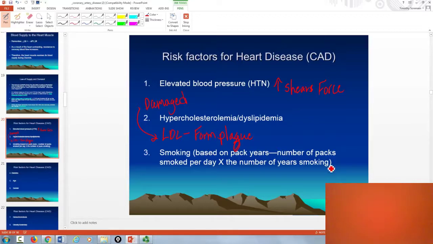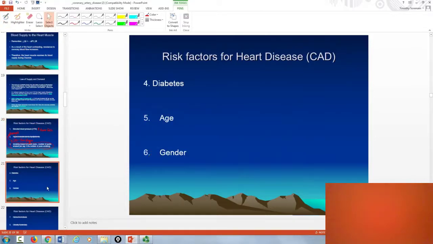Now, what can damage LDL? Smoking, right? So smoking obviously is a risk factor for heart disease, because the tar and nicotine in cigarettes can actually damage the LDL and increase the likelihood that you're going to get it. And then diabetes, right?